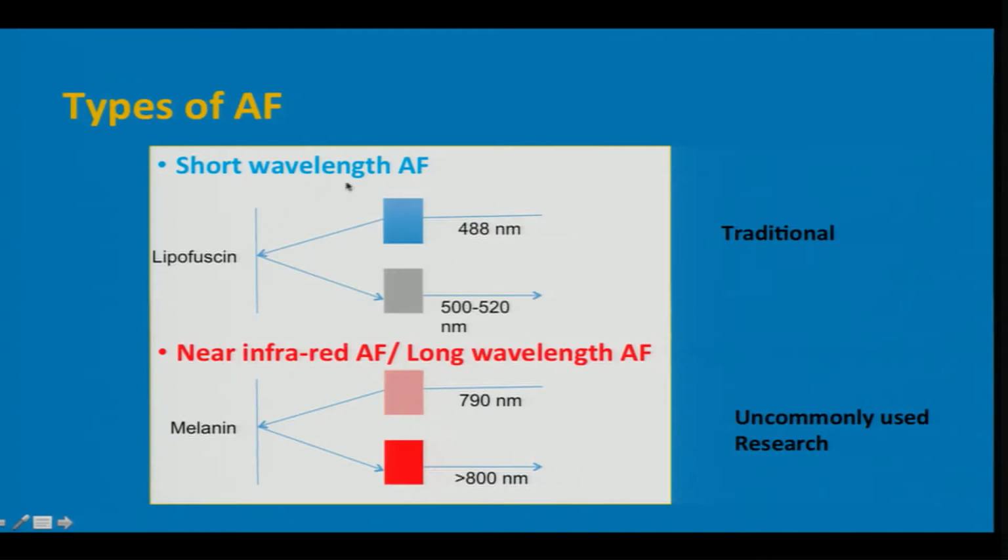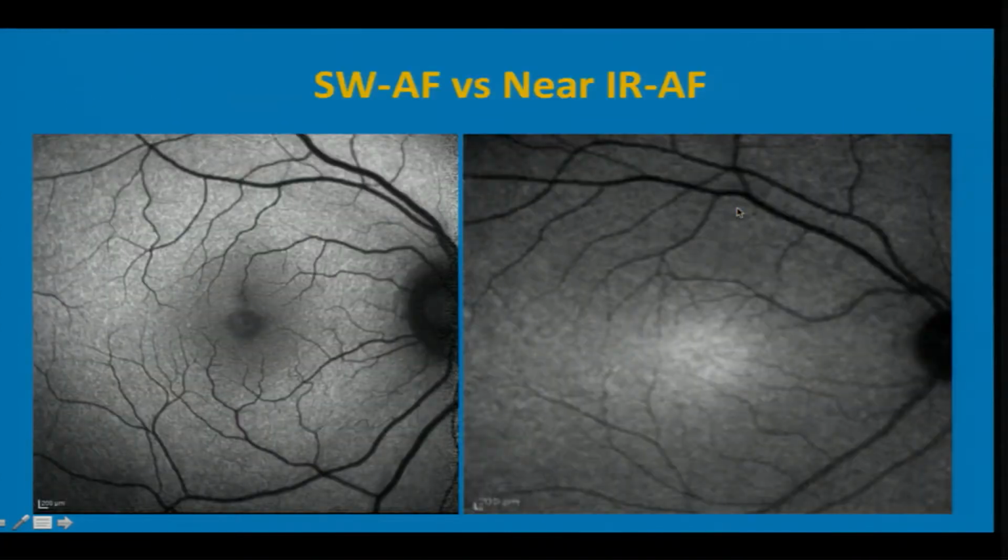Shortwave autofluorescence mainly assesses lipofuscin deposition, while near infrared autofluorescence assesses melanin deposition. Near infrared is very uncommonly used and is mainly used for research purposes. I will be limiting my talk to traditional or short wavelength autofluorescence.